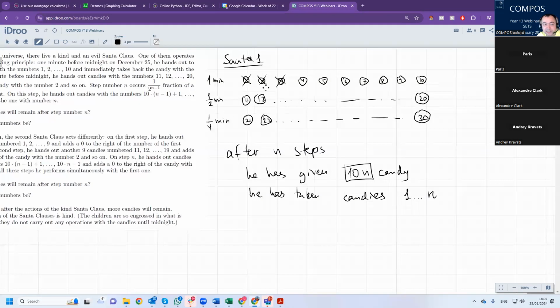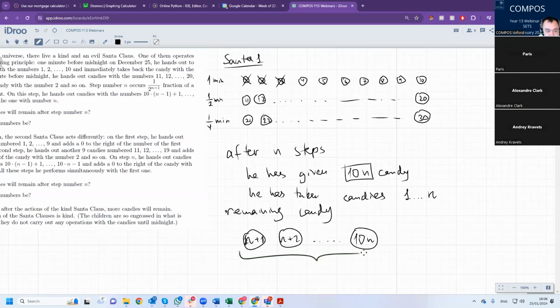After 3 steps, he has taken 3 candy, the first 3 candy. So after n steps, the remaining candy is n plus 1, n plus 2, etc., all the way to 10n. Because we've taken the first n candy, the first untaken candy is n plus 1.